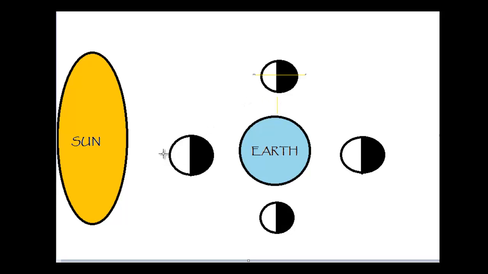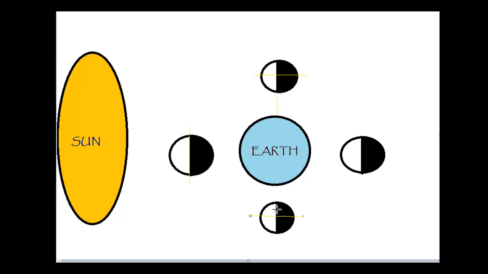The same thing here. If we're looking up here, it just so happens that we're going to see this side of the moon that's dark. But since there's no light, it's going to be a new moon for us, because it's all going to be dark. If we're looking up here on this other side, it's like this side in reverse.